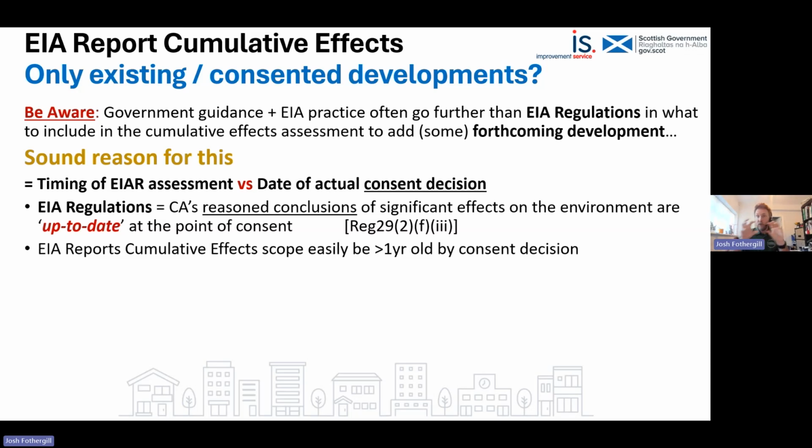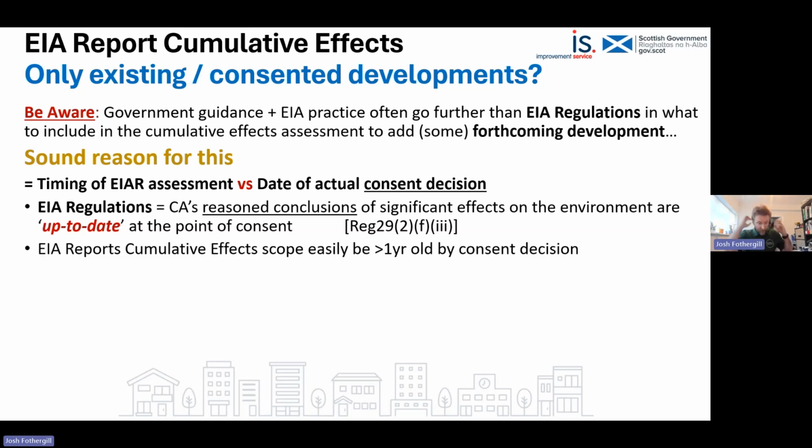The actual assessment that has gone into that report might well have been undertaken or certainly scoped 6 months, a year before that. So inevitably, when the consultants, the competent experts working for the developer, are scoping the requirements of the cumulative effects, they have to take a bit of a speculative look forward and say, well, what other projects are coming up around us that we're aware of, and what might end up getting consent before us? And there's a very good reason for that, and that's because within the regulations, your reasoned conclusions on significant effects that need to feed into the decision-making process need to be up to date at the point that the consent is made.